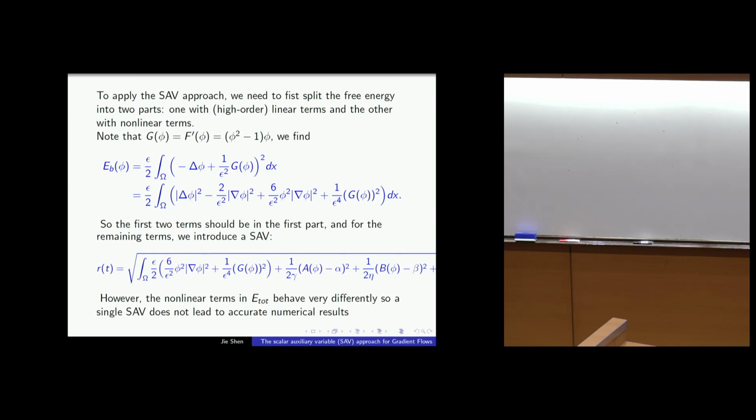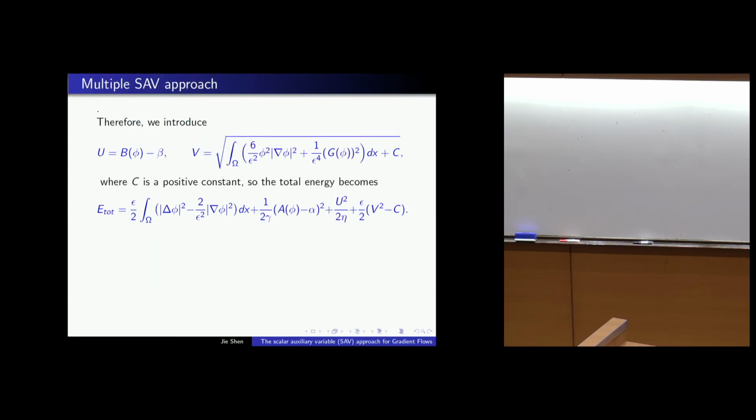They actually dictate a quite small time step to make the simulation accurate. So we realize that maybe one SAV is not enough. You have to do it with a couple of SAVs.